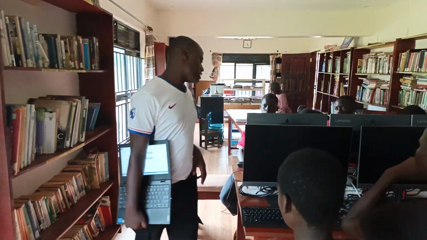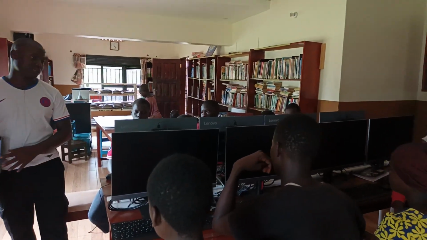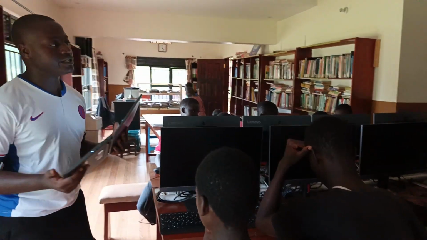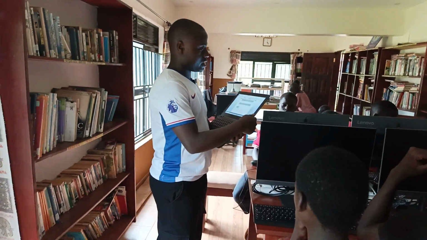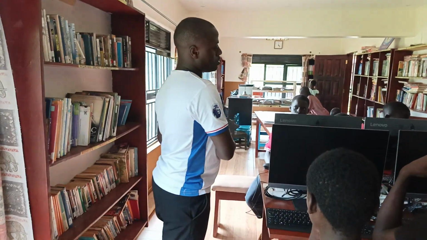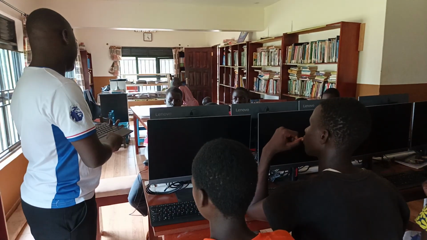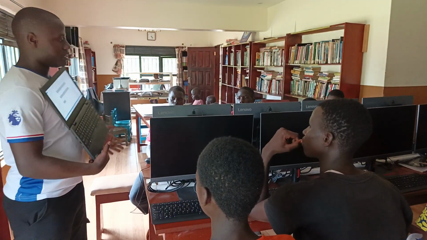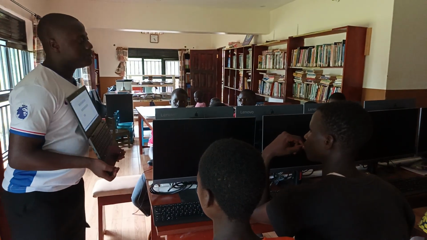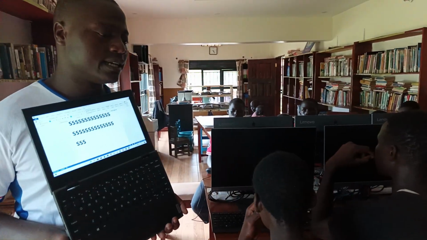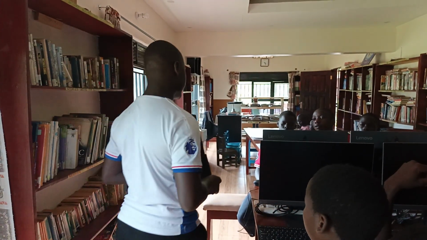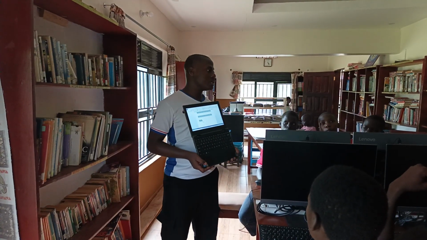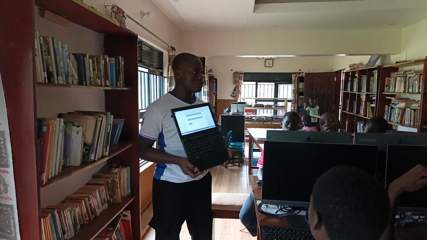Then another shortcut is Control plus S. Control plus S is saving. For example, you're typing, the moment you start, you press Control S. You press Control S, you save your work.